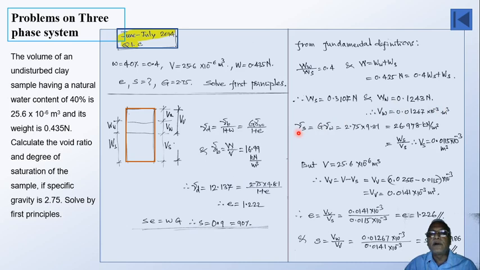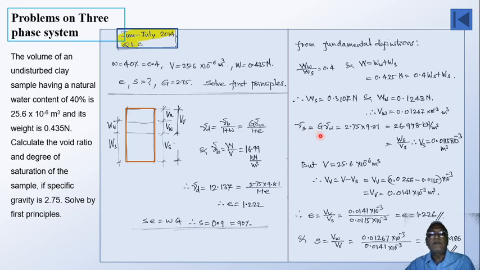Now, again, the fundamental relation that we know is for specific gravity. Specific gravity is given by gamma s by gamma w. That relation we have used.